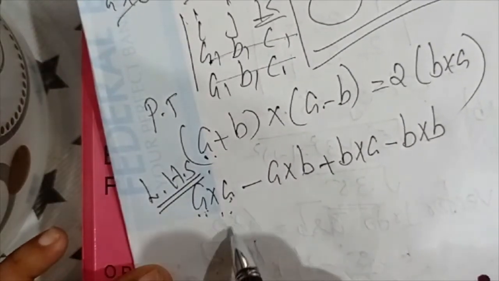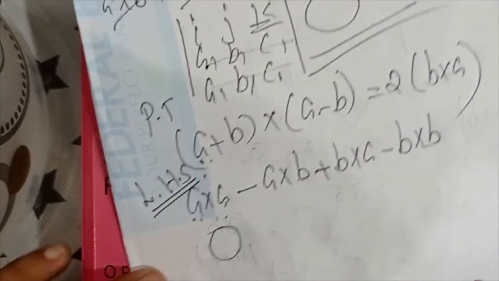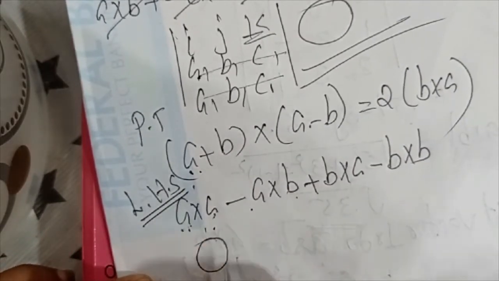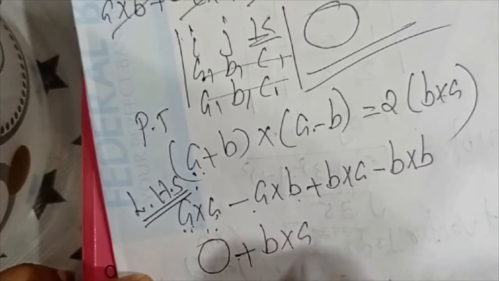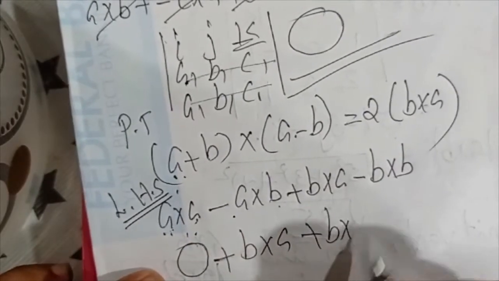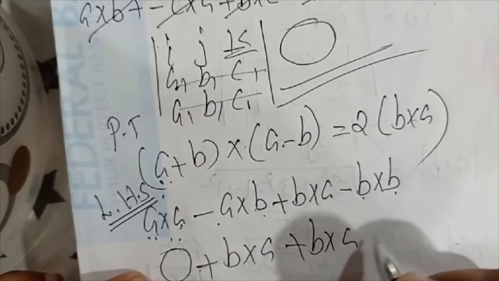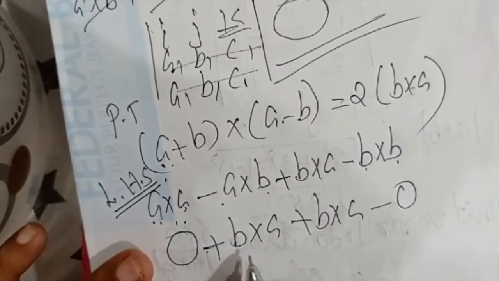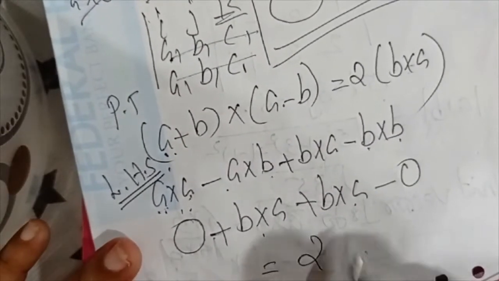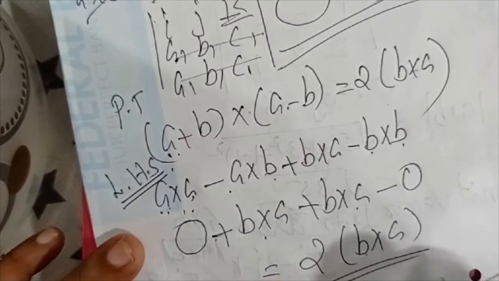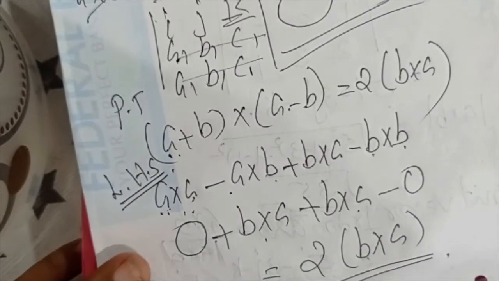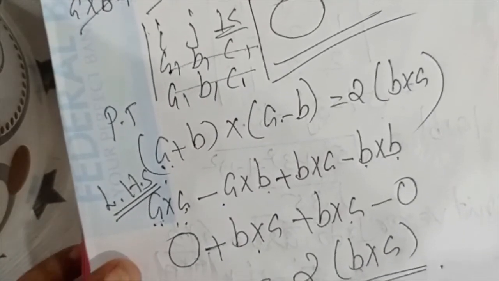Therefore, A cross A is 0. Minus A cross B, we can write as plus B cross A. Agree? Plus B cross A, minus B cross B is also 0. Therefore, B cross A plus B cross A is 2 into B cross A, right? 2 into B cross A.